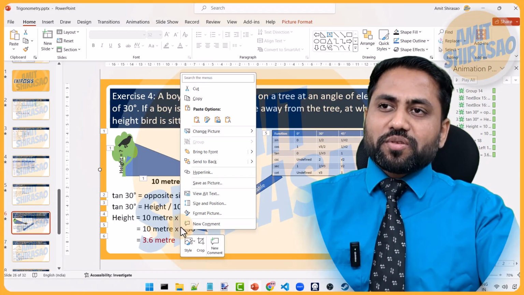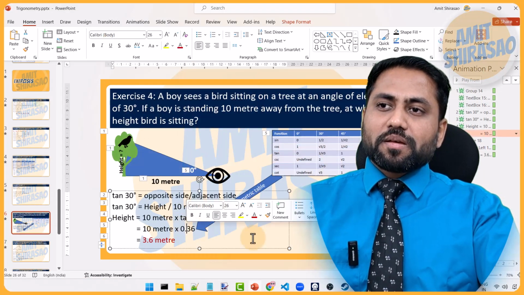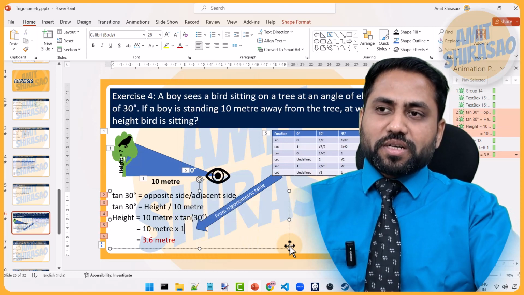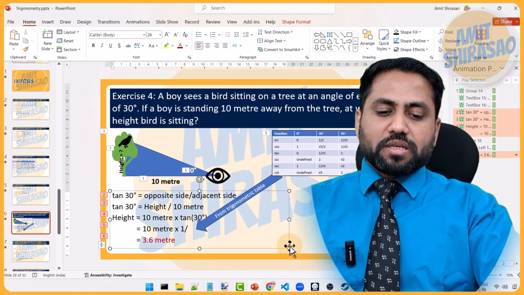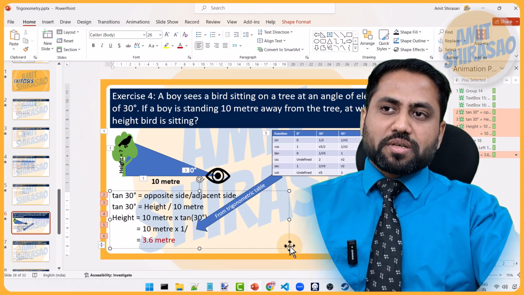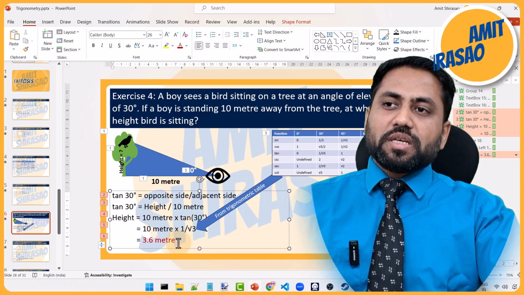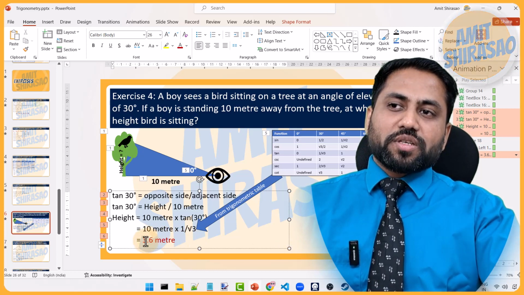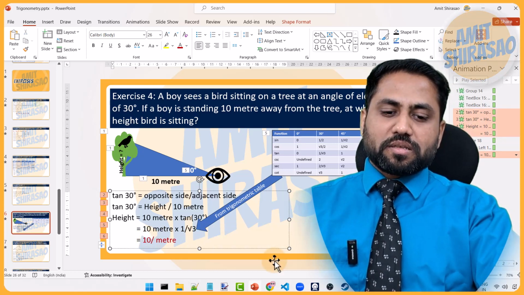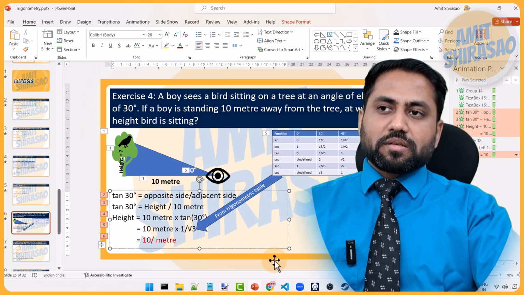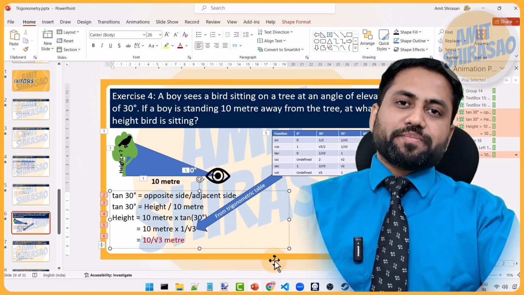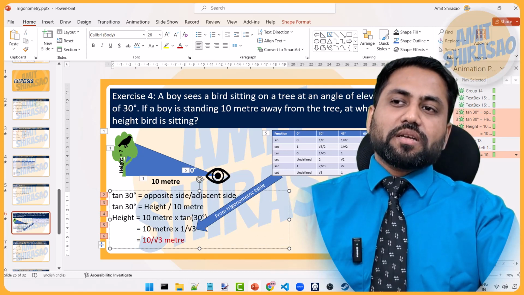Oh, the value given here is wrong. Yes, it will be 1 divided by root 3. So the value here is 10 divided by root 3 meters. Okay, so this is the final answer.